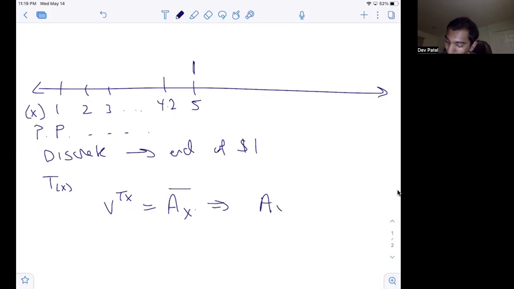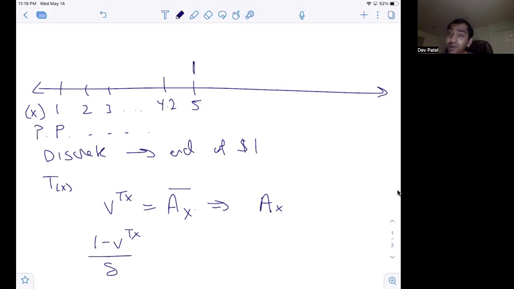And if we include a bar, then that is referring to a continuous whole life insurance policy, or referring to the fact that at the moment of death is when the $1 is actually being paid. Now, if we look at an annuity, or in the case of premiums, which is an annuity due, we see that the formula here is 1 minus v to the T of X over the force of interest in the case of continuous.